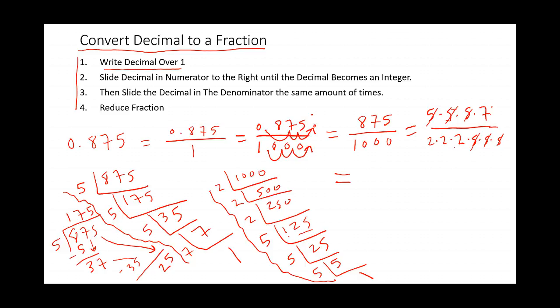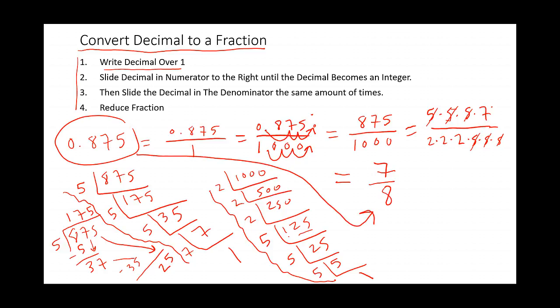So I don't even have to bother with those. 2 times 2 times 2 is 8. So I'm left with 7 eighths. And I have converted from a decimal all the way into there is my properly reduced fraction.